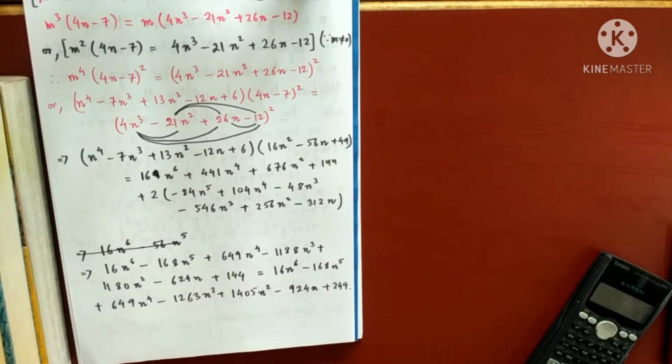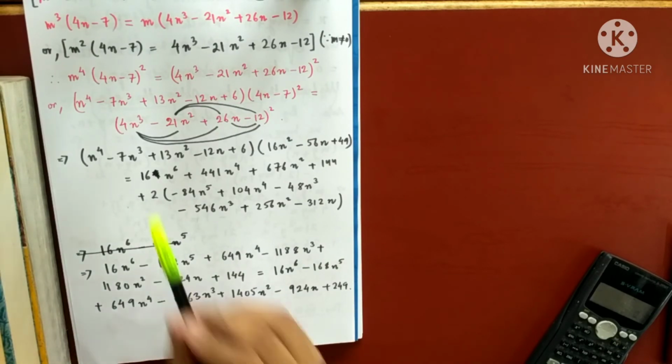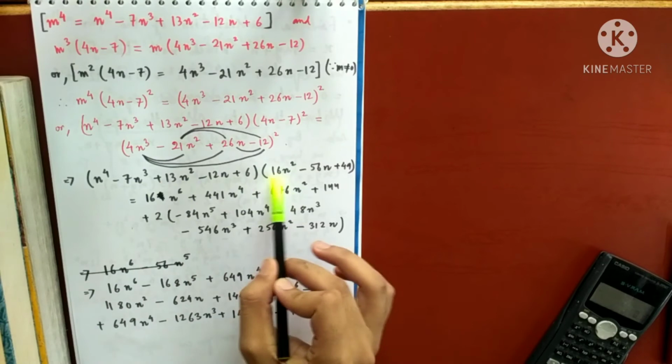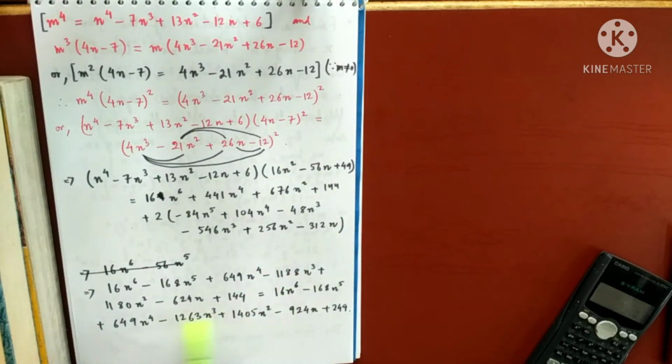So just this line I am leaving up to you. It's not that difficult. You multiply this with this, you'll get something like this on the right.